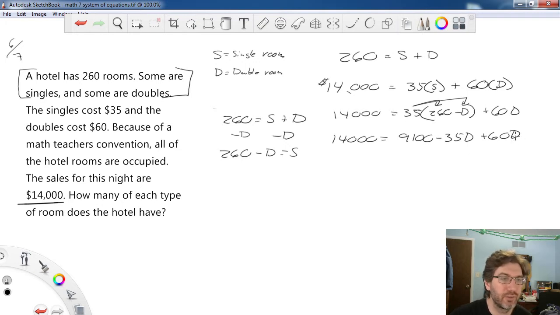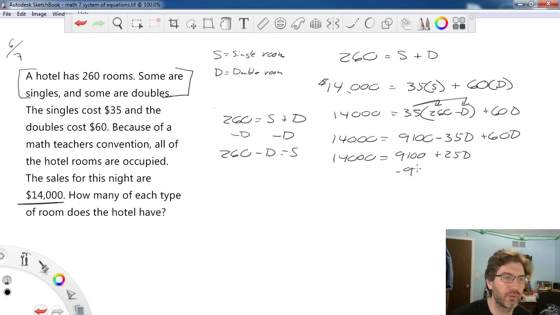Here you're going to combine your d's, so negative 35 plus 60 is just 60 minus 35, which gives you 25. So we have 14000, which we didn't touch, 9100 we didn't touch, and then this is a positive 25d now. We just combined these like terms.